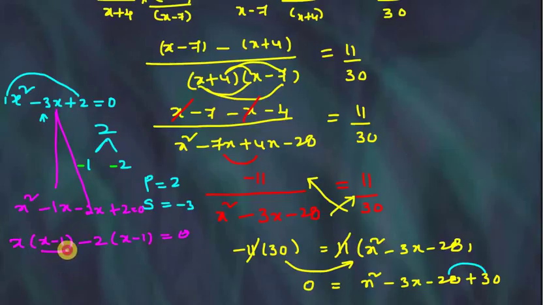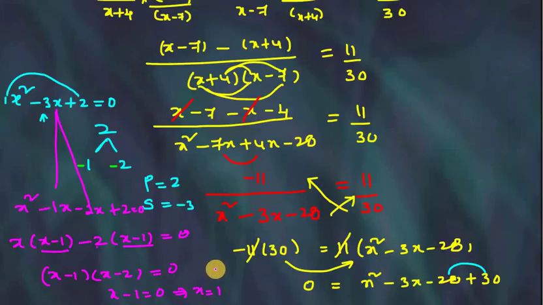Next, again x minus 1, x minus 1. If I take it out common, it is left with x minus 2 is equal to 0. Here it is x and here it is minus 2. So AB is equal to 0, A is equal to 0, that implies x is equal to 1.